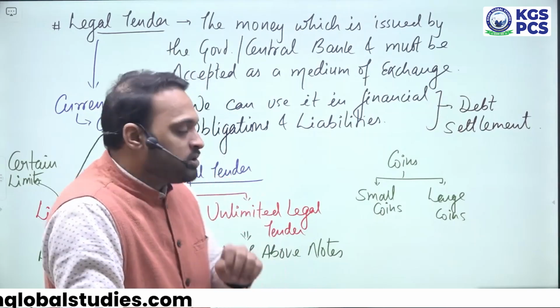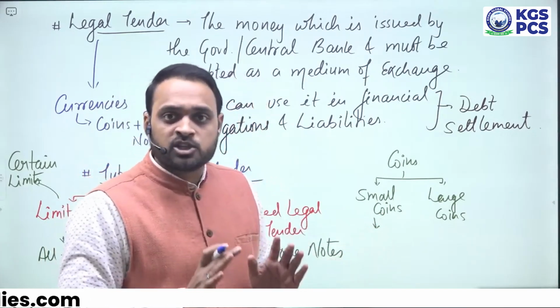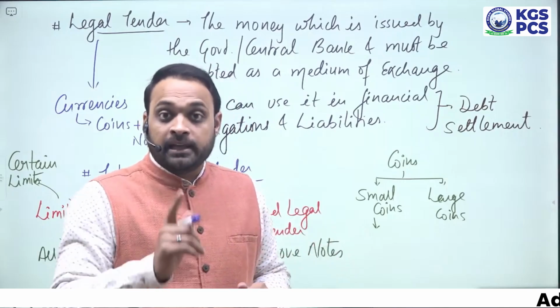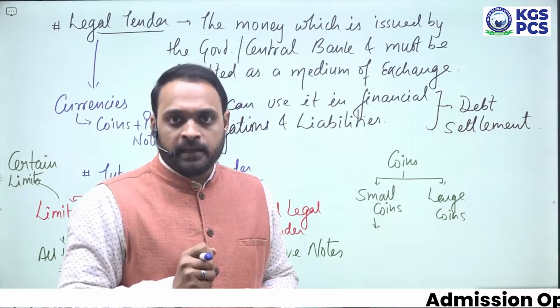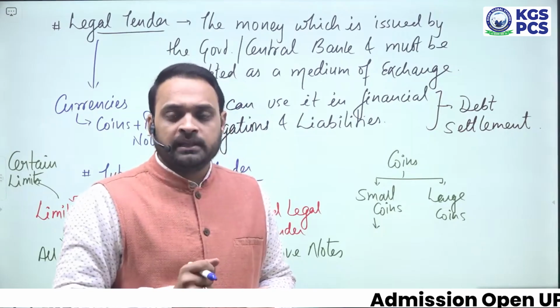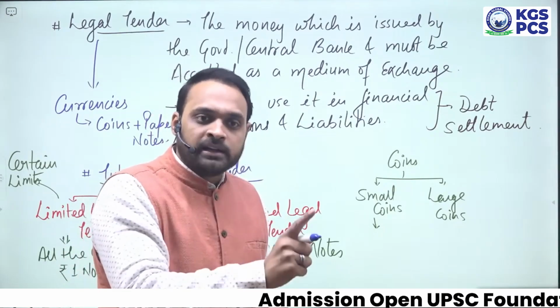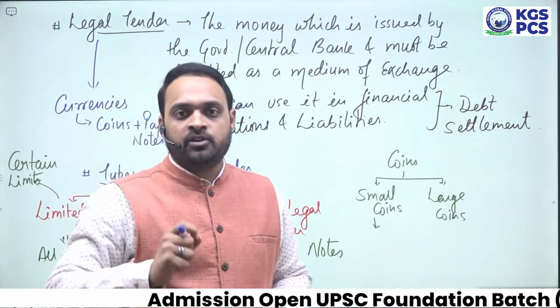For small coins, the limit is fixed by the RBI, or we can say the government. If you use small coins of less than rupees 1, you can only buy a commodity whose price is less than 100.